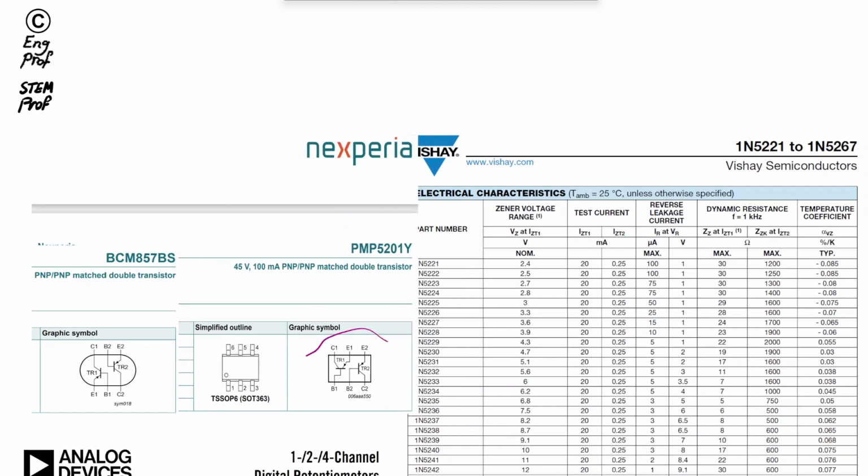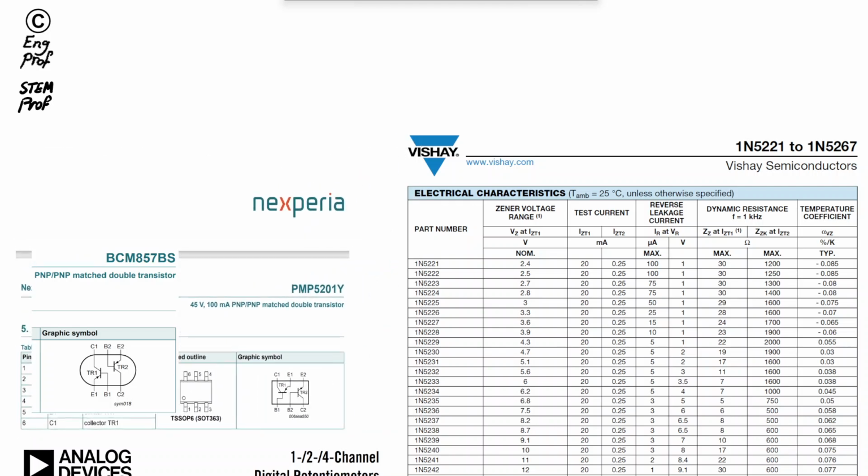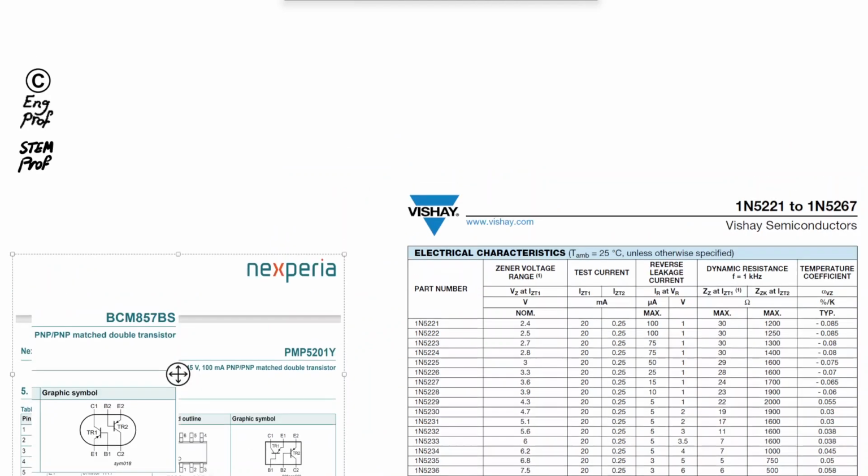As you can see, it's a very small 6-pin package with 2 PNP transistors, or BCM857 is another choice from Nexperia again. There are many choices that you can easily purchase from Mouser or DigiKey. So that's about the matched PNP transistors.